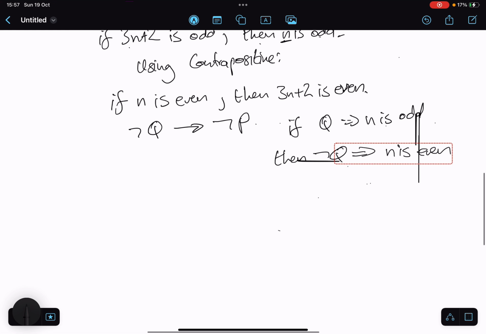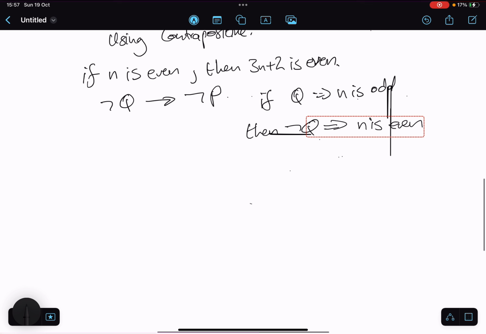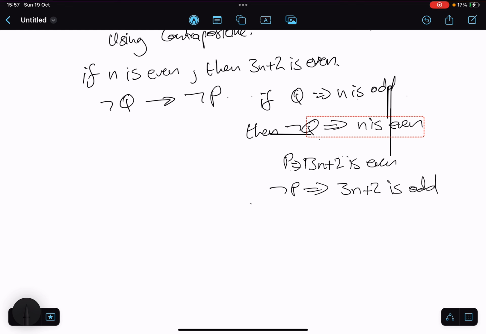So again, if P is that 3n plus 2 is odd, then the negation of P is that 3n plus 2 is even. It's the opposite, right?